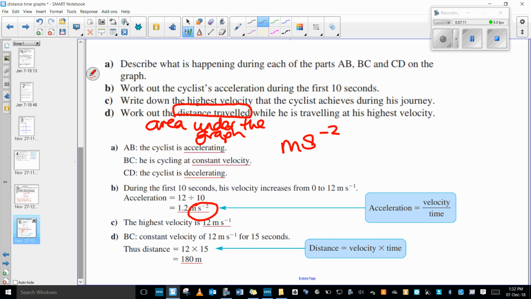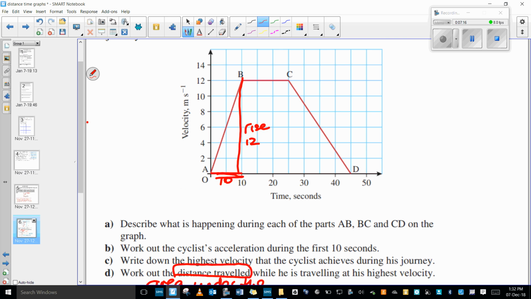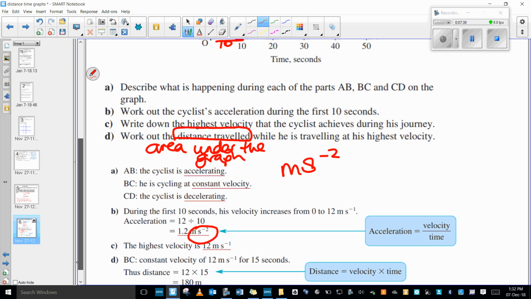While he's travelling at his highest velocity, up here, that would be the area under the graph. How do we find the area of that bad boy? Well, we need to know this measurement. And what is this measurement? 15. And what's this measurement? 12. So we're going to do 12 multiplied by 15, which is 180.